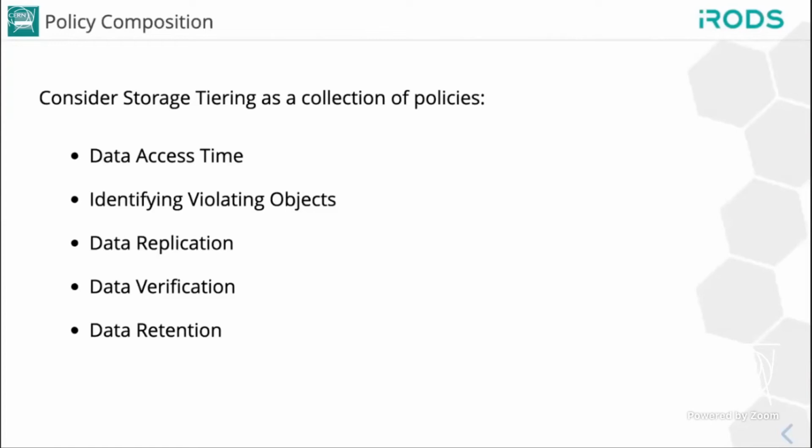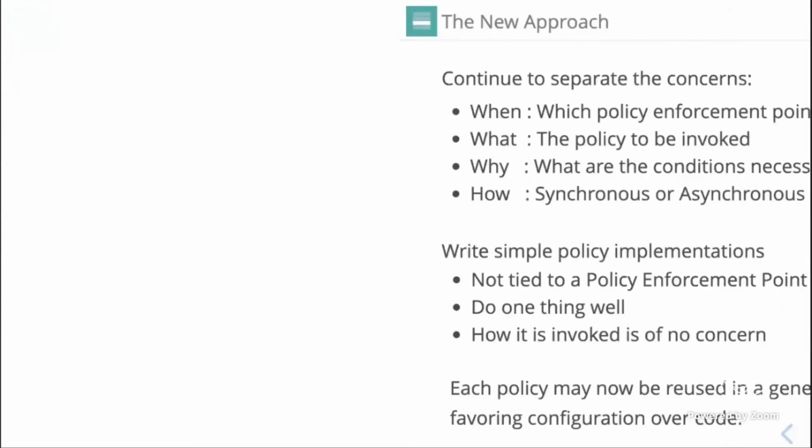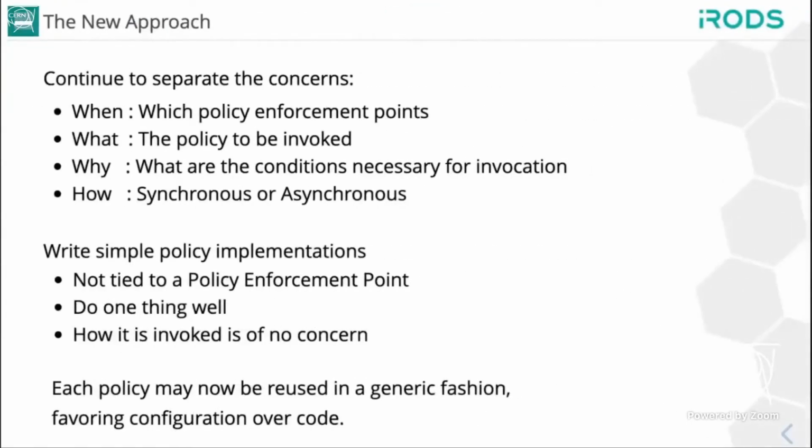Of course, then, actually doing the movement and the verification that the bits are good, and then trimming the ones at the source. And so our approach here is to basically pull these pieces apart and separate the when and the what, the why and the how. And once we can do that, then the policy itself is no longer tied to the policy enforcement point in the system.